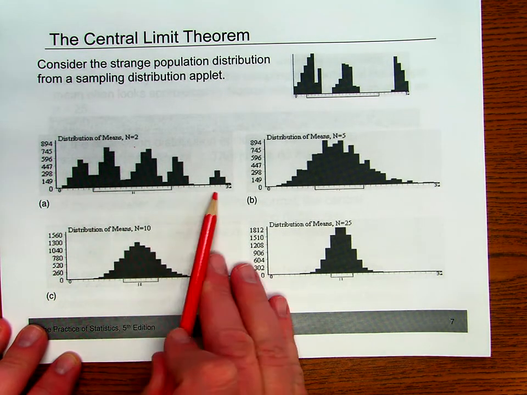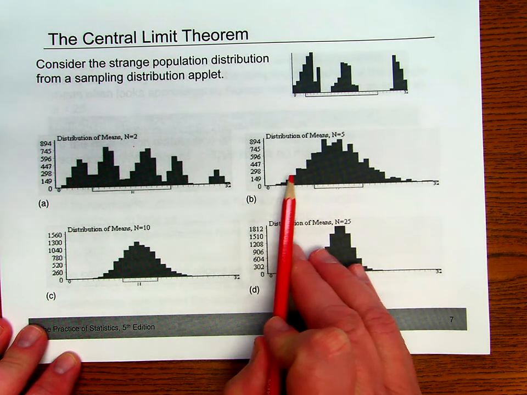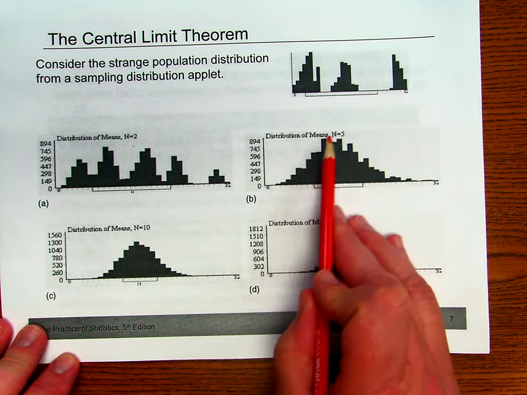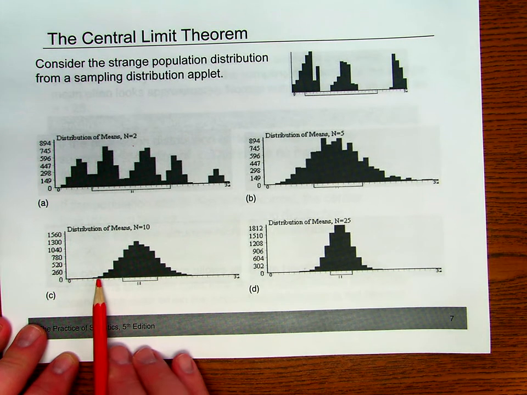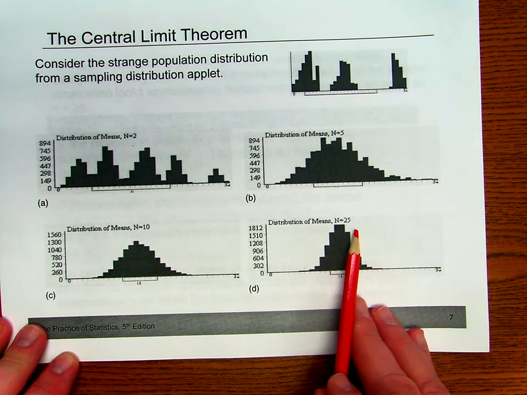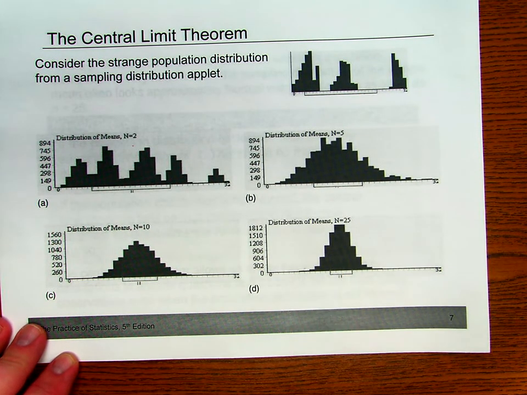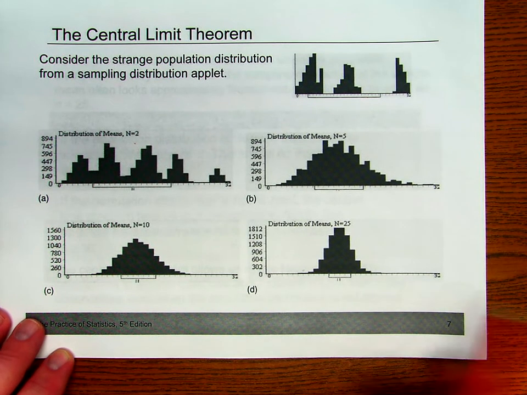It's certainly not looking like it's approximately normal. We go up to sample size 5, looking less like that and starting to build that normal shape. Sample size 10, even less like this, more normal. By the time you hit sample size 25, we very much have that bell curve thing going on. And then if we hit 30, it would be considered close enough in order to approximate it with a normal curve, which means it allows us to use normal CDF.